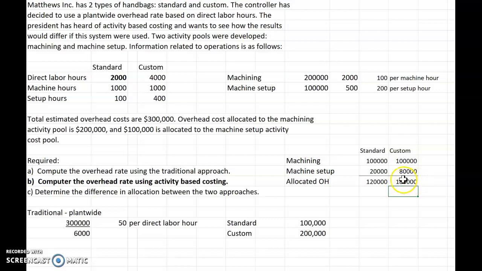The custom product, we can see, should have $180,000 allocated to it, and under the traditional method, it was overcosted. $200,000 was being allocated. So this is what we mean by cost distortion. It turned out that the custom product line was picking up some of the overhead being incurred by the standard product line. And so this is what makes activity-based costing so valuable, and why you will be willing to incur those costs of implementing it to get the accurate information.